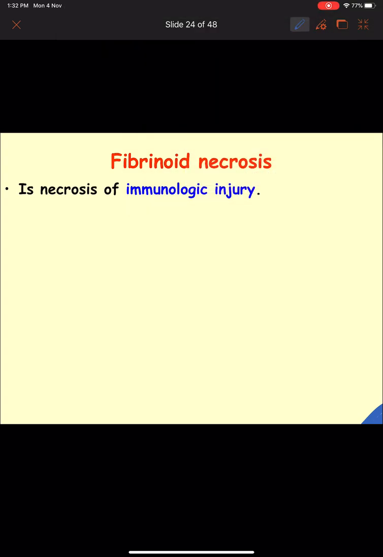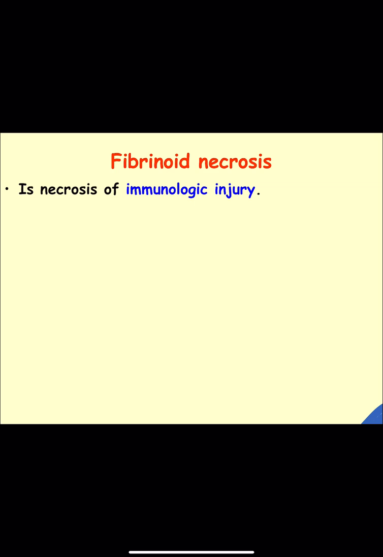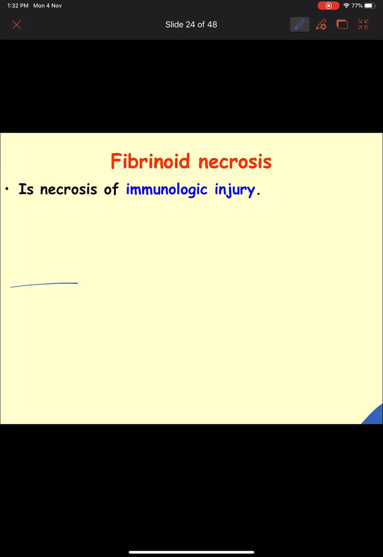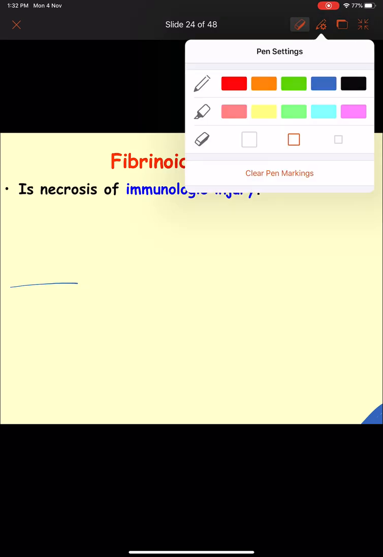One of the most common and accepted theories is molecular mimicry, when there is an immune response against an antigen that looks like something that the body should mount an immune response against, and it ends up that the antigen is actually a self-antigen. So that's what you call autoimmune response, because the immune response in this case is mounted against a self-antigen.